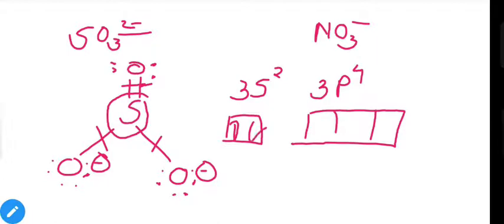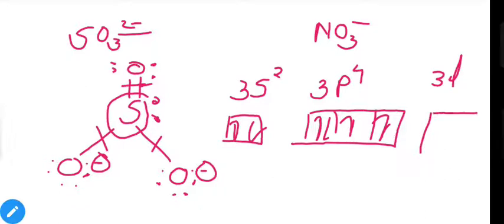So the basic electronic configuration of sulfur is something like this. Now in this structure, one lone pair of electrons is still present on sulfur. That means this is possible if sulfur uses its d orbital. That means one of the d orbitals will be used during the structure formation if required.